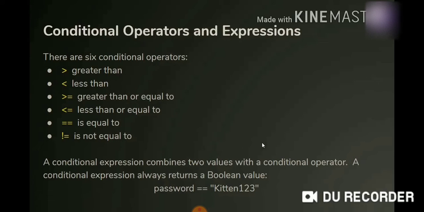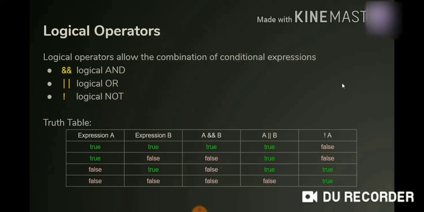So for example, here I have a conditional expression: password is equal to kitten123. The password is the string kitten123. This condition will produce the value true if the password is equal to kitten123, or false if the value is not equal.